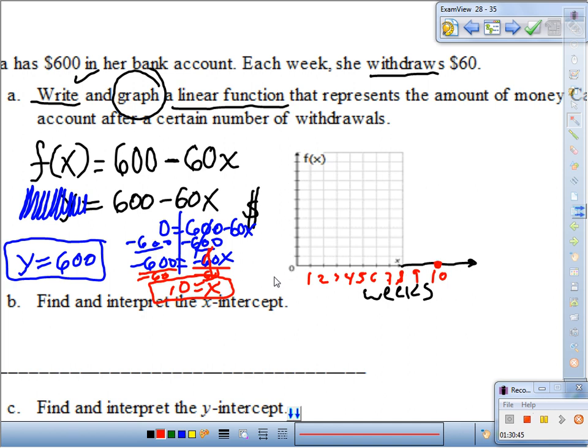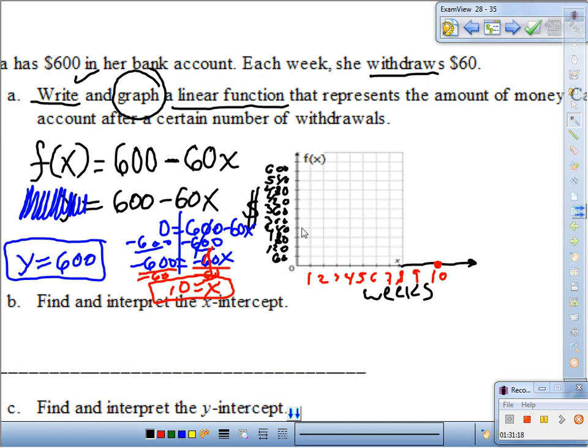Now look at the y. Now be reasonable here. Check this out. How much do they withdraw every week? So let's go by 60. That is correct, since we withdraw by 60. So this is 60. What is the next one? 120, 180, 240, 300, 360, 420, 480, 540, 600.